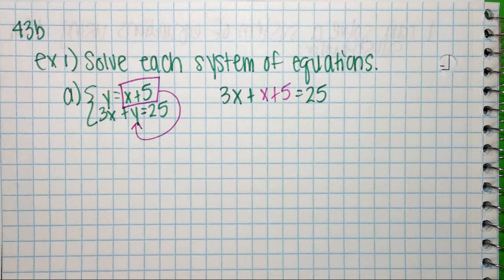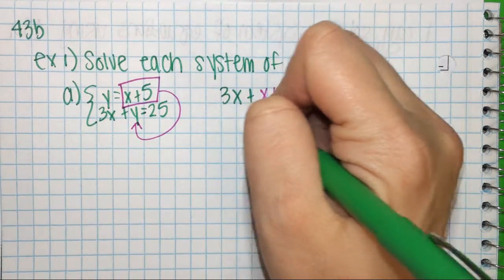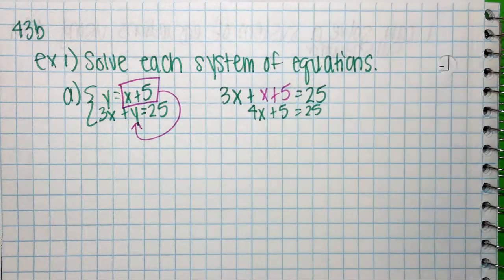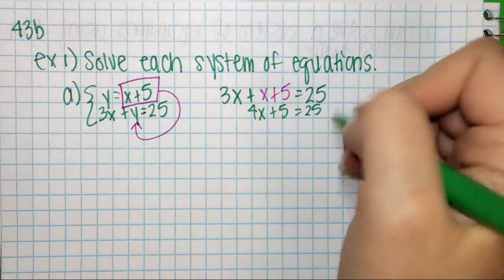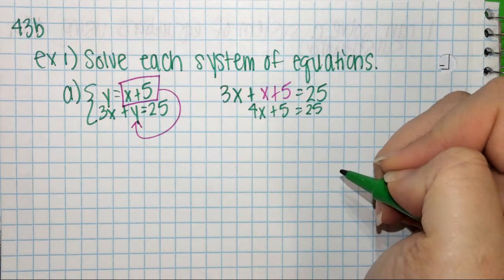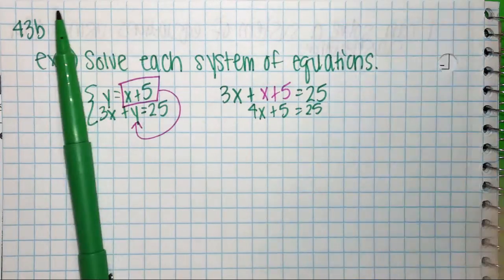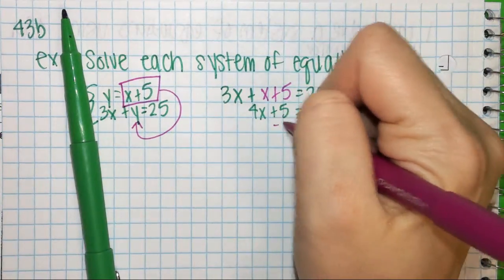What do I do from here? Combine like terms. Awesome. Take a point. 4x plus 5 equals 25. Whoever has Slytherin's point strip gets a point. And then you subtract 5. Take a point.